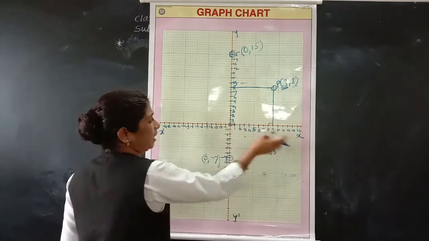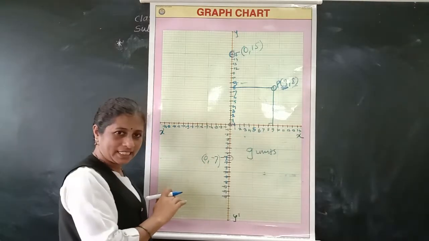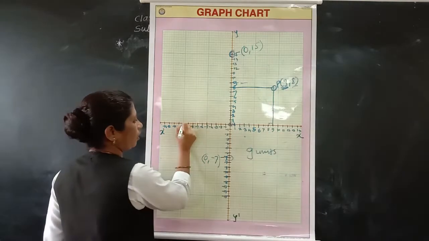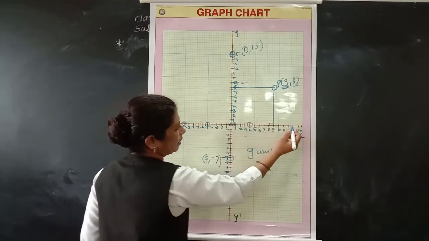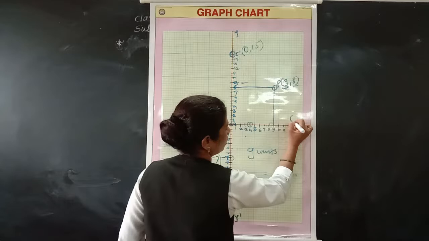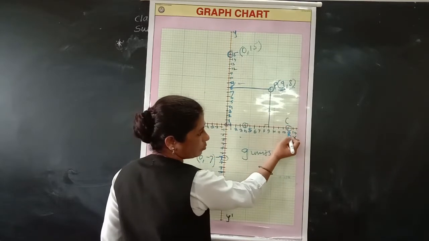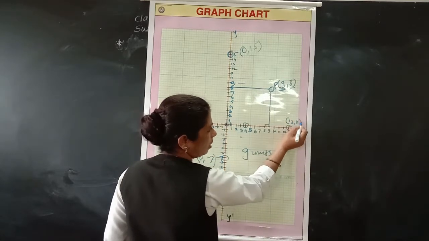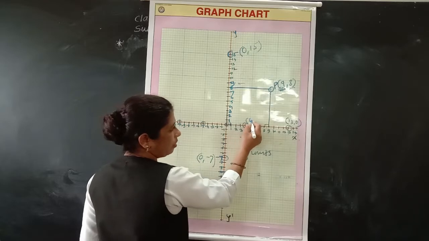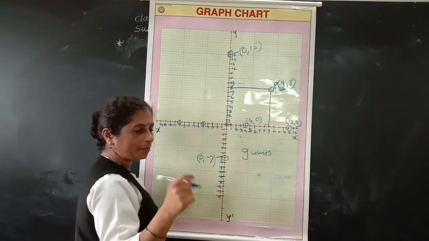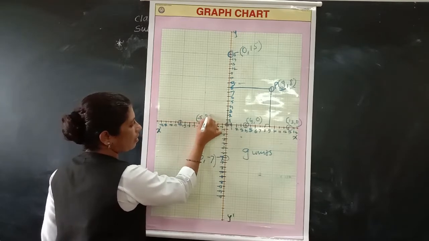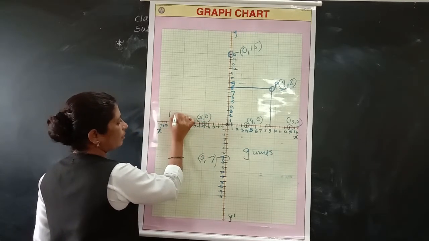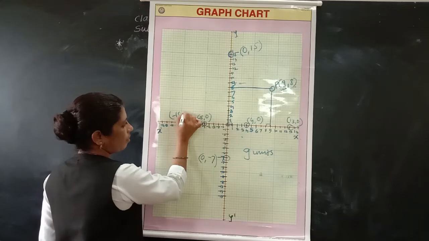And if you take any point on the x axis, suppose this and this one. What are the coordinates of this point? 13, comma 0. Here 4, comma 0, because every time we have to write the x value first, right? Here will come minus 5, comma 0, and here minus 10, comma 0.